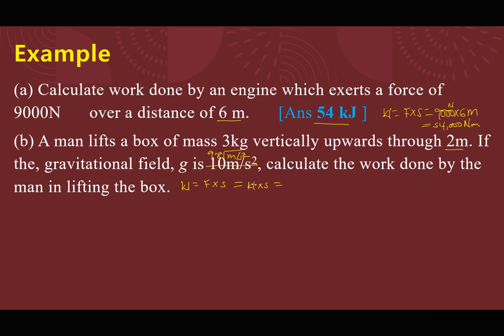Sorry, I don't want to use W for weight since it has already been used for work. So the weight is mg, then times the displacement. So the work done here is going to be 3 kilograms times 9.81, then times the distance or the displacement, which is 2.